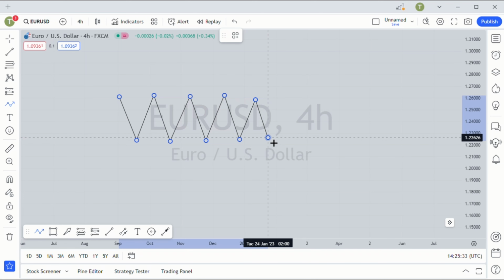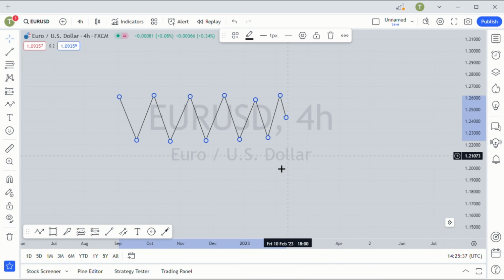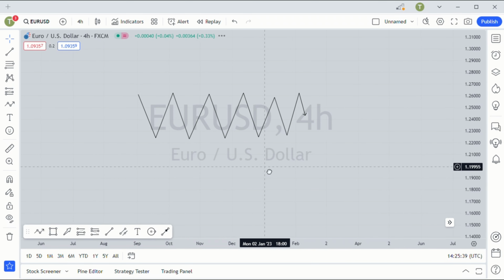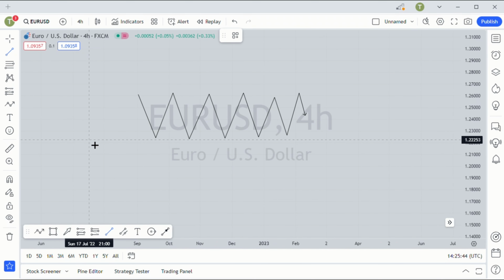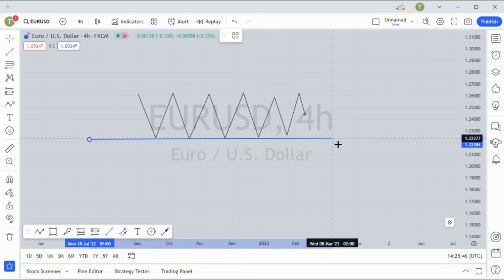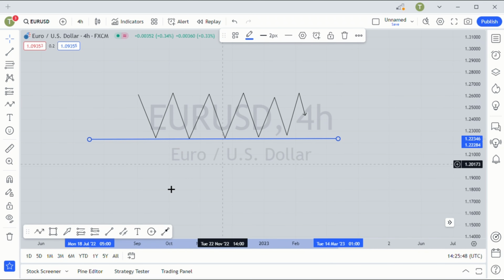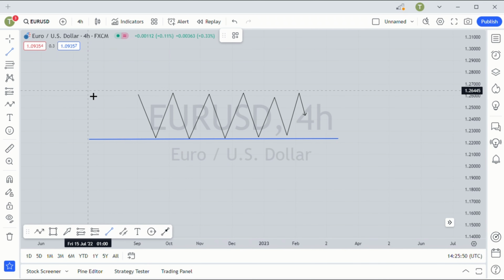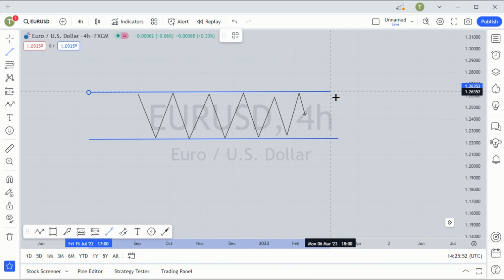Now, part three, we're going to be looking at ranging trends. Ranging trends, also known as consolidation, are trends moving between a support and a resistance.